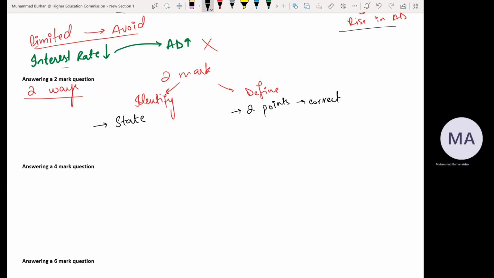According to the producer, not be allowed the price listed. 3 points, which are correct indeed, and which will eventually get me 2 marks.